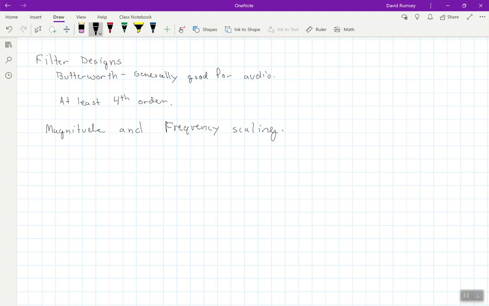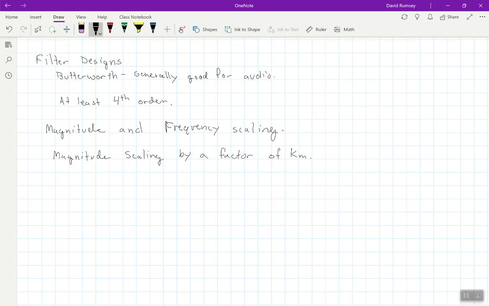Okay, so magnitude scaling here by a factor of Km. So we're basically increasing the size of components.